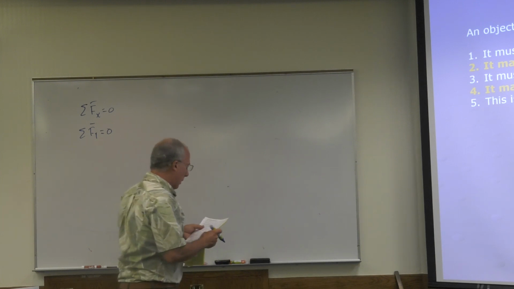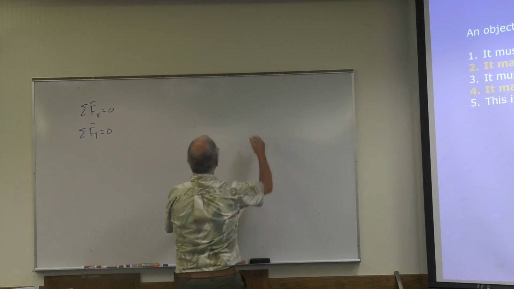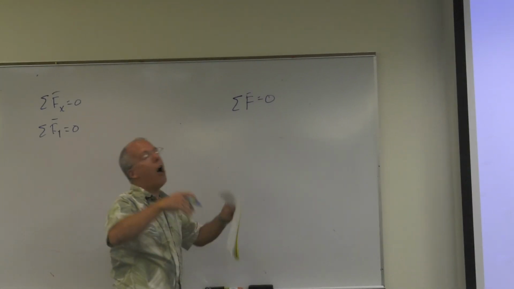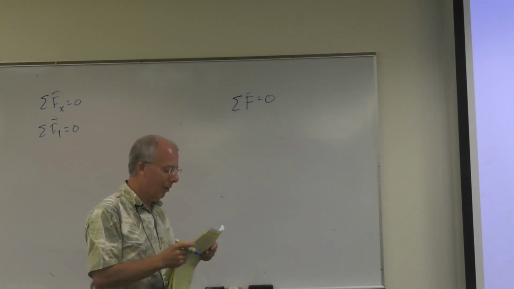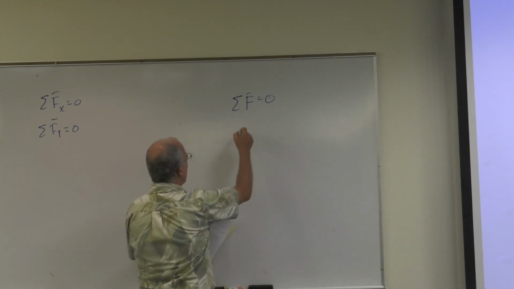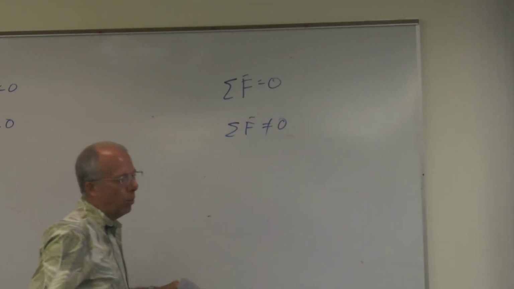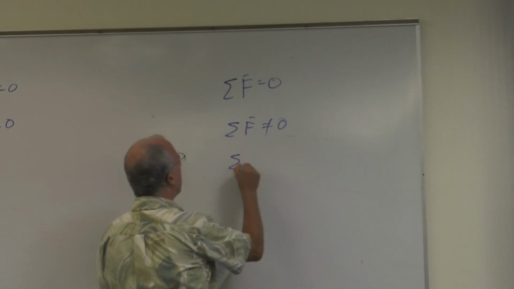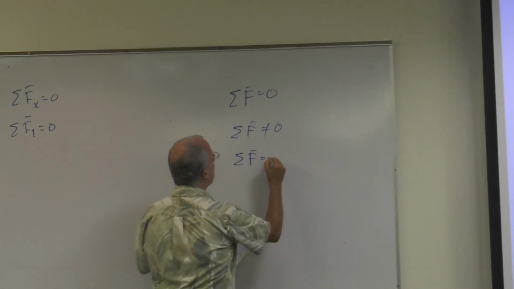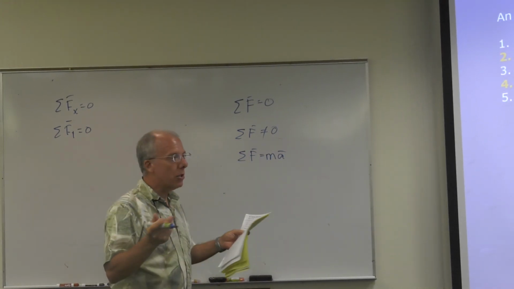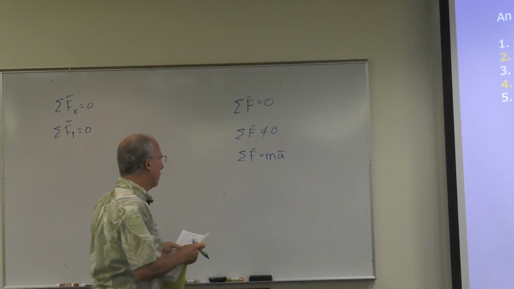All right. Now, if equilibrium says this, what does non-equilibrium say? Well, that's sort of obvious, right? Non-equilibrium says that the sum of the forces equals ma. No kidding, right? So how do you solve a non-equilibrium force problem?